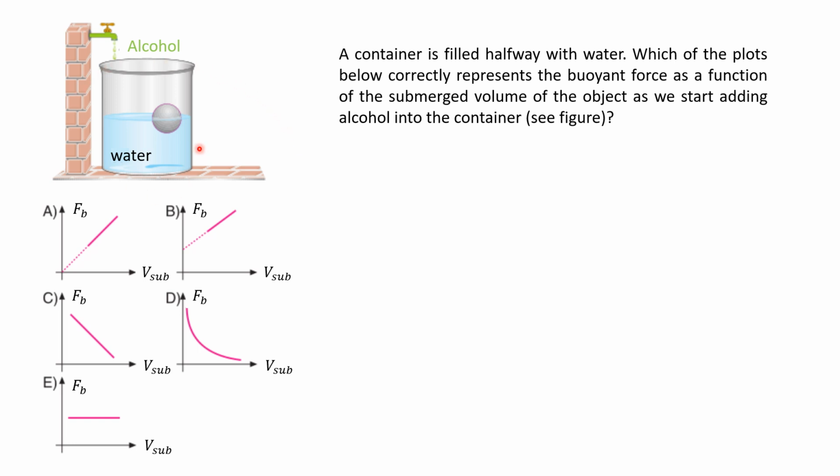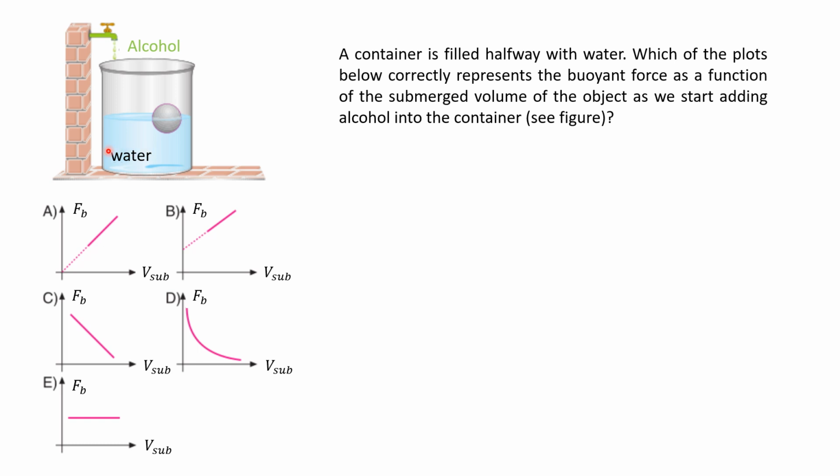So we're given a container that's filled with water halfway, and there is an object that's floating in it. Now we start adding alcohol into it, and we have to figure out how buoyant force will change as a function of the submerged volume. So what happens if we start adding alcohol into a water?